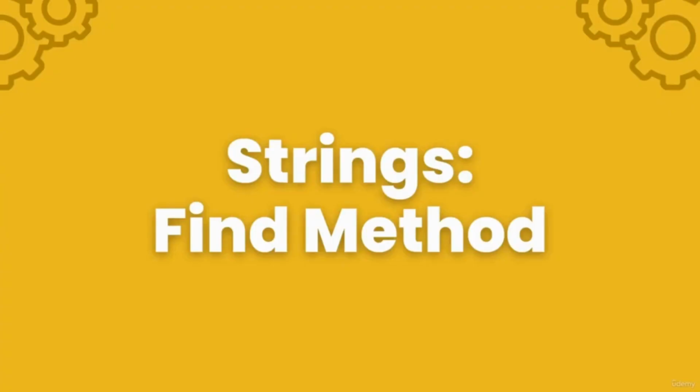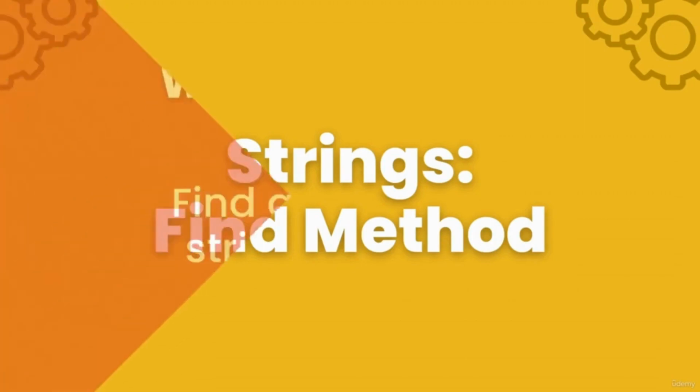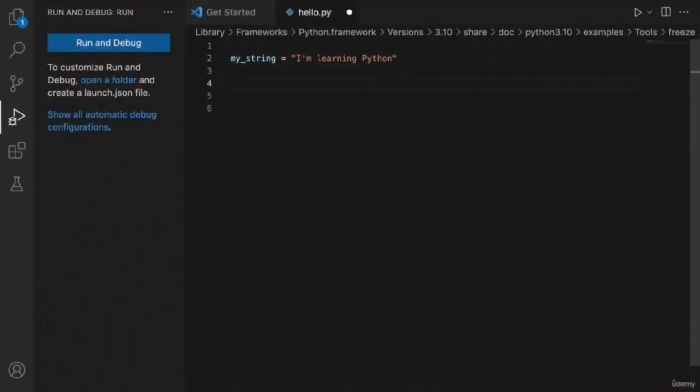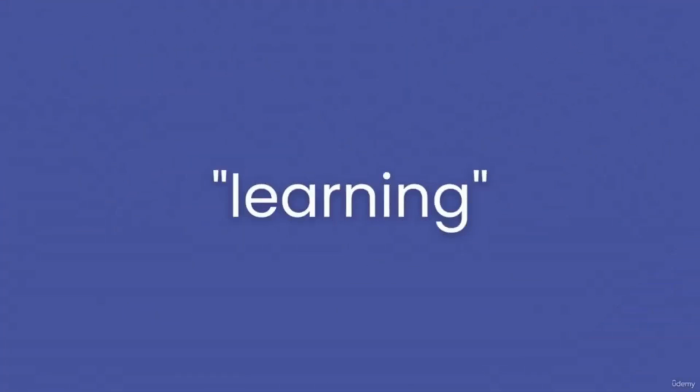Hey guys, in this video, you're going to learn about the find method in strings. The find method basically allows you to find any part of a string in a string. For example, if I had the string I'm learning Python stored in a variable called my_string, and I wanted to find where the word learning is in the string, then I would use the find method.